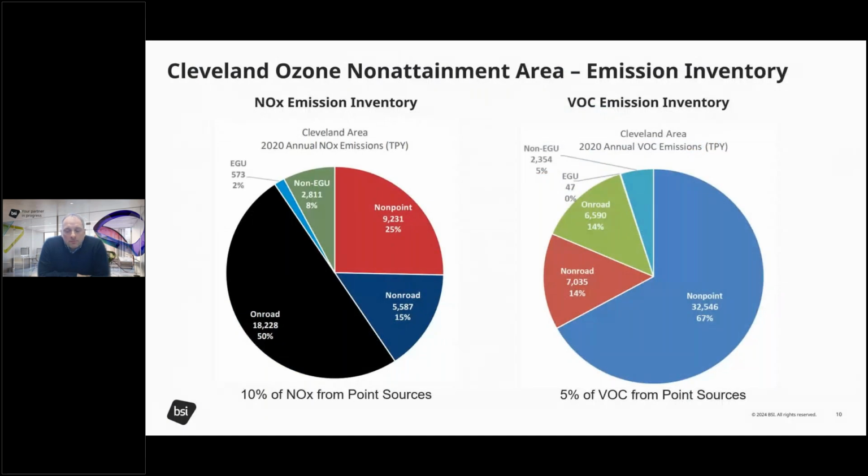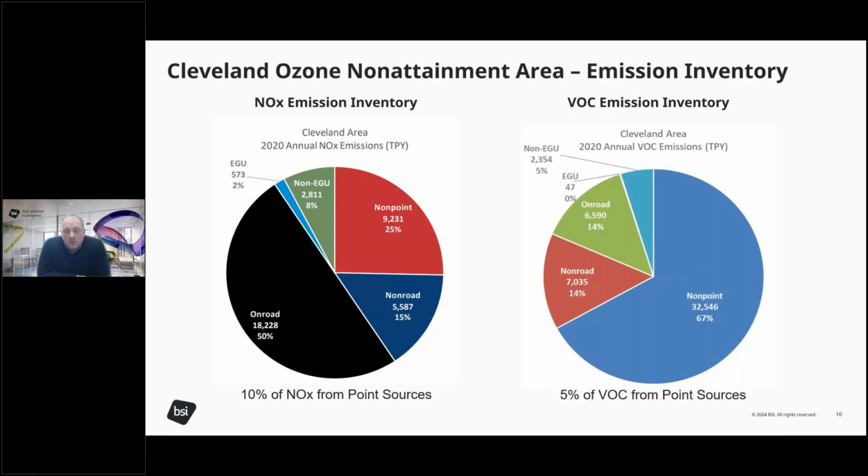So with this chart, I kind of borrowed this from an Ohio EPA presentation that was done last year. I wanted to give a brief summary of the NOx and VOC emissions within the Cleveland non-attainment area.